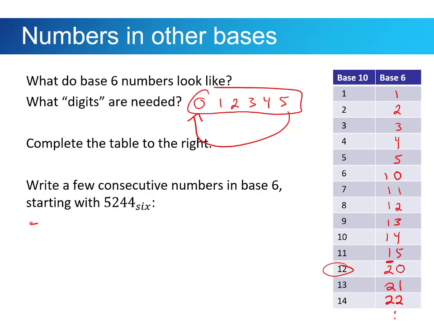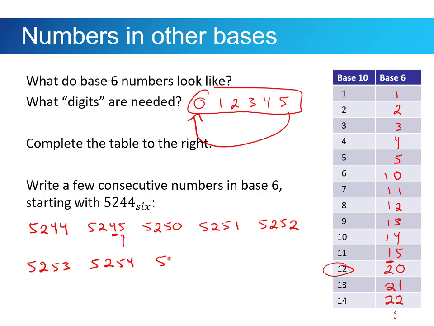Let's begin. 5, 2, 4, 4, and I'll not write the SIX because in this context it's understood. What comes next? 5, 2, 4, 5. Oh, okay, and then my rightmost digit is increasing, so it wraps around to 0, which means the one to the left increases by 1. So 5, 2, 5, 0. Let's keep going. 5, 2, 5, 1, 5, 2, 5, 2, 5, 2, 5, 3, 5, 2, 5, 4, 5, 2, 5, 5.